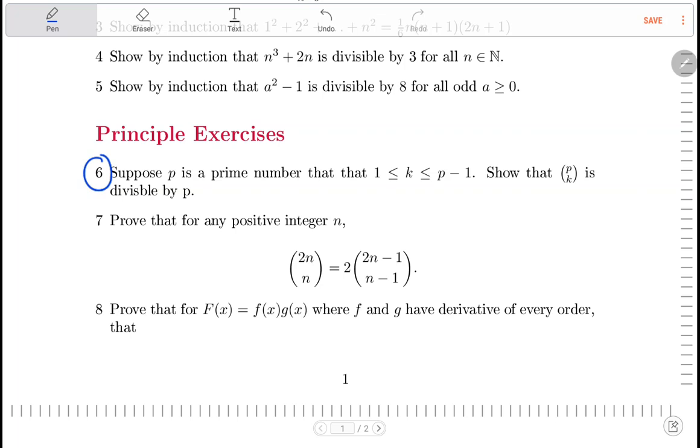It means that it has to be possible to write that something as some integer value, say q, multiplied by p. So in other words, to show that p choose k is divisible by p, we have to show that p choose k is just some integer multiple of p.